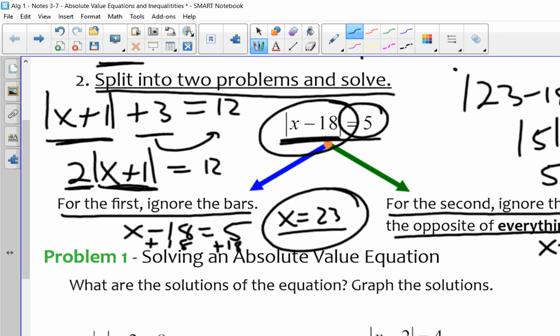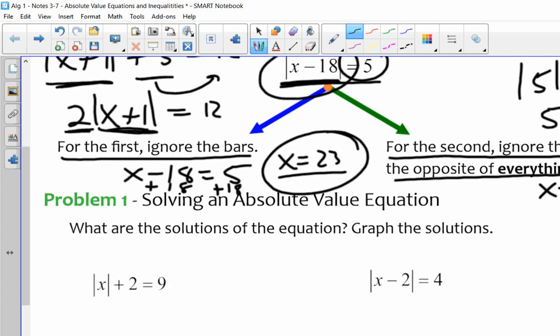If I go back and I take the second answer, 13 minus 18, absolute value is equal to 5. Well, 13 minus 18 is negative 5. But what is the absolute value of negative 5? So remember, if you get a negative sign inside there, you make it positive. So both those answers made that true, okay?